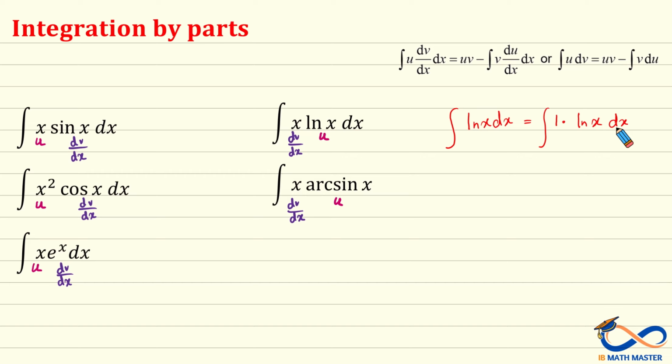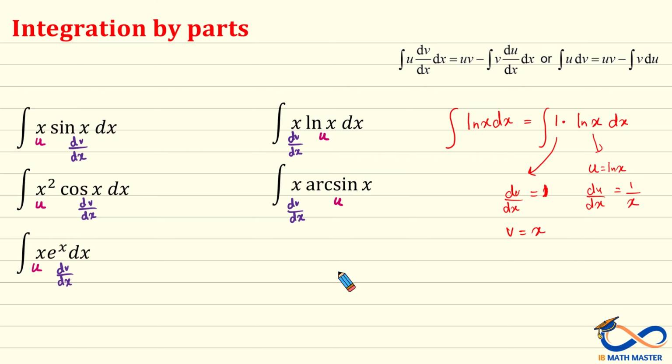So to do this by integration by parts, we assume u to be ln x as we said, and therefore du over dx would be the derivative of ln x, which will be 1 over x. Now dv over dx will be the other one, which is 1, so when we integrate it, it will be x.